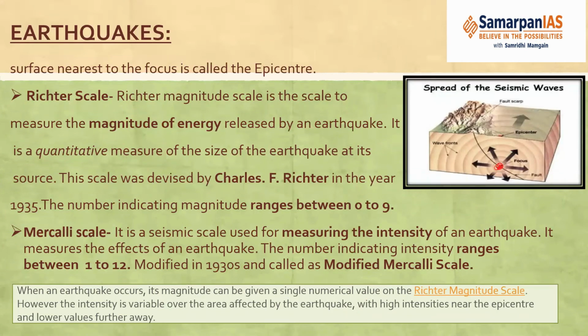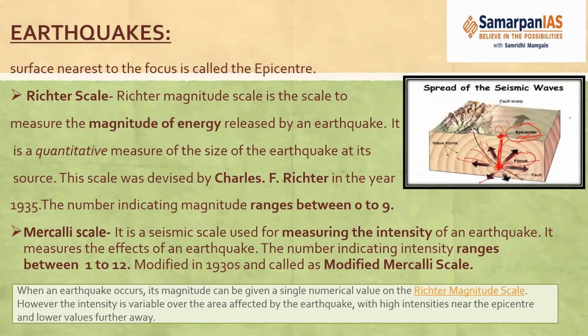This is the focus or hypocenter, where the energy is released, and the seismic waves travel in all directions. But the epicenter is the nearest point on the surface of the earth. So it is the nearest point to the focus, and it is on the surface of the earth.